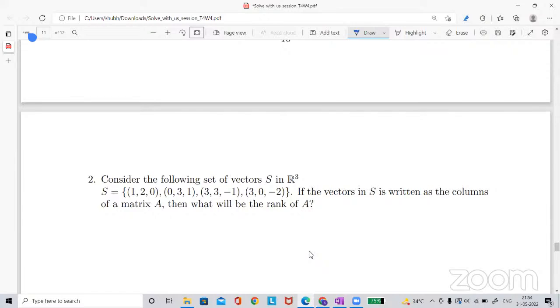So, for getting the rank, is the column required or not? Not necessary, the row is enough. I will say if you end up with the rows, because row rank and column rank are the same. Sir, how can it be the same?